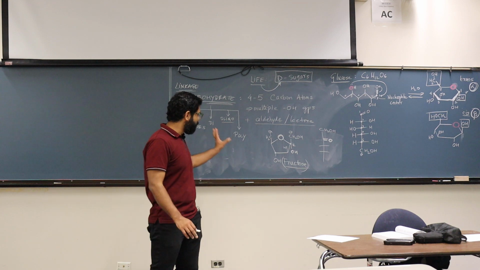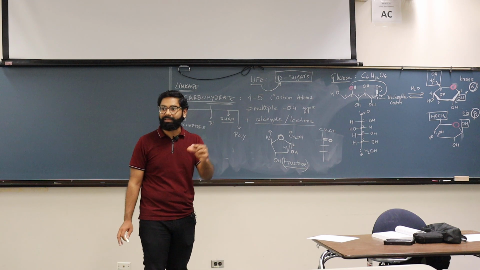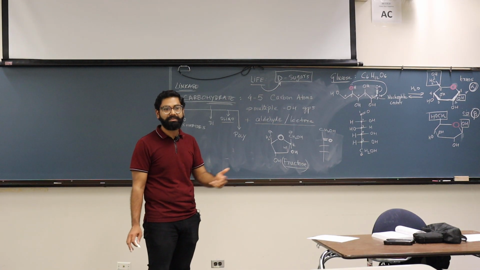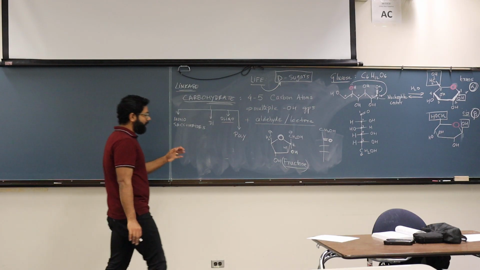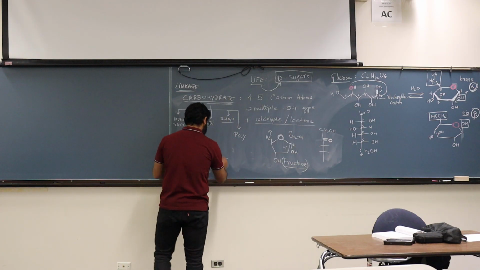So glucose and fructose are essentially the same, except that the double bond O, the carbonyl group, is coming at the second center. All right. I will also write another molecule called ribose.